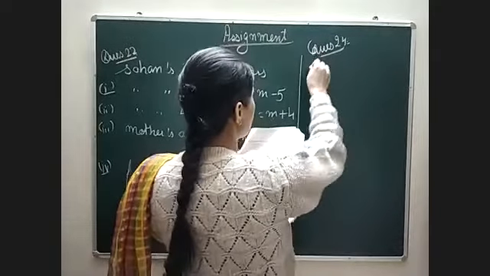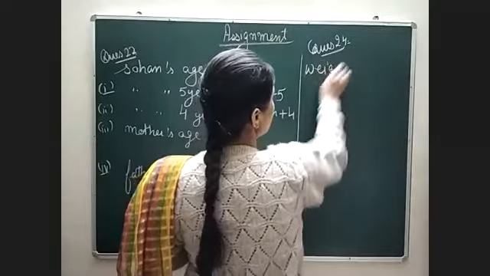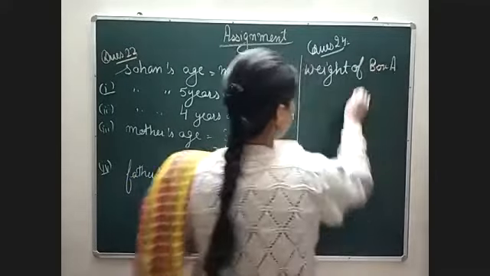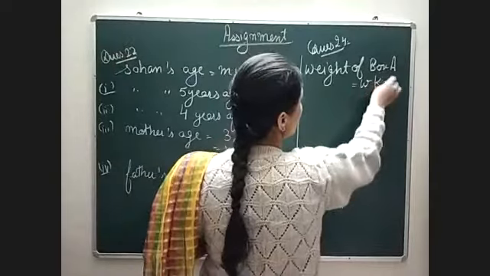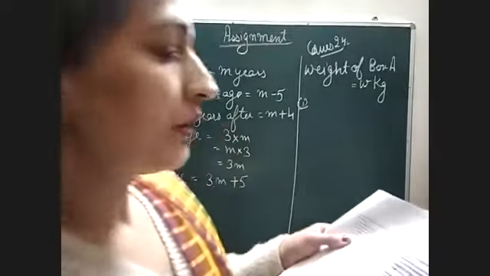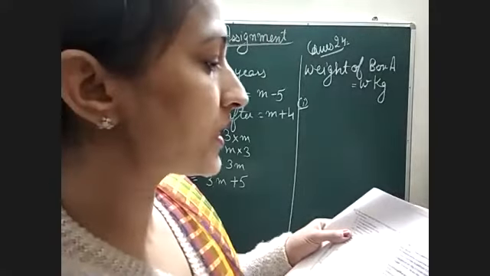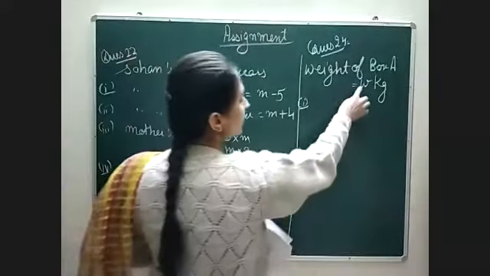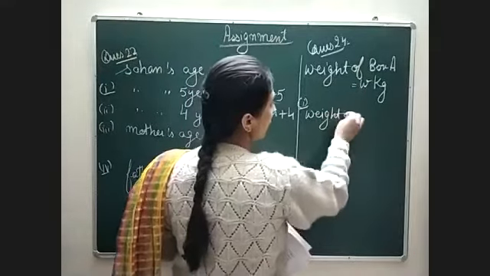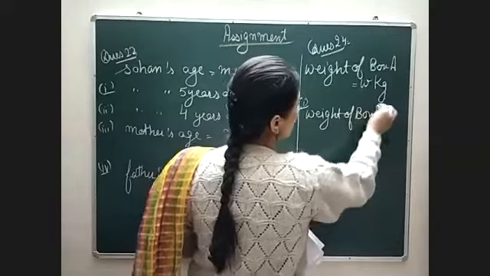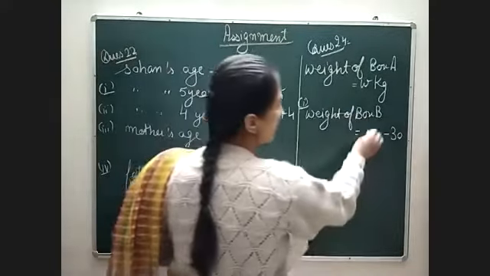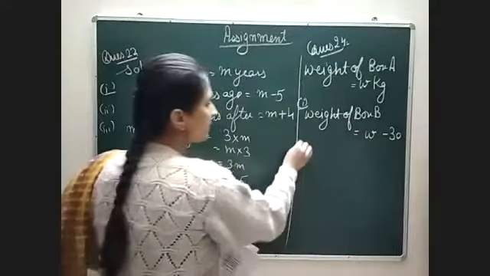First of all, we will write that weight of box A, and we are given that is W kg. We are given the weight of box B is 30 kg less than weight of box A. So W minus 30 we will write.